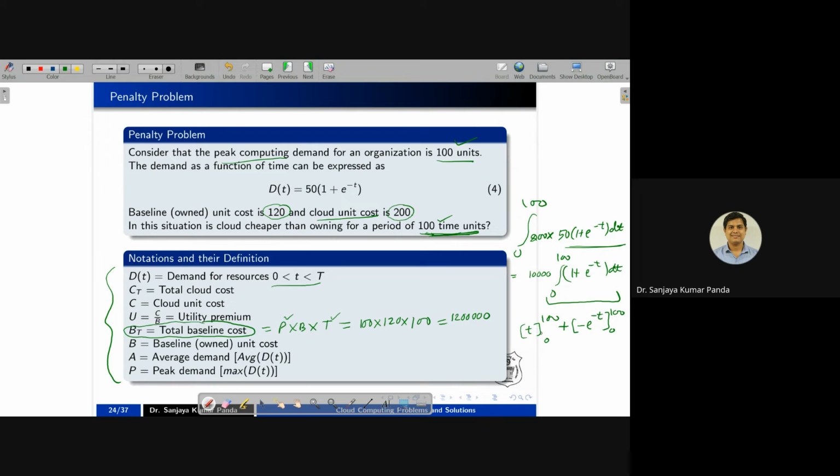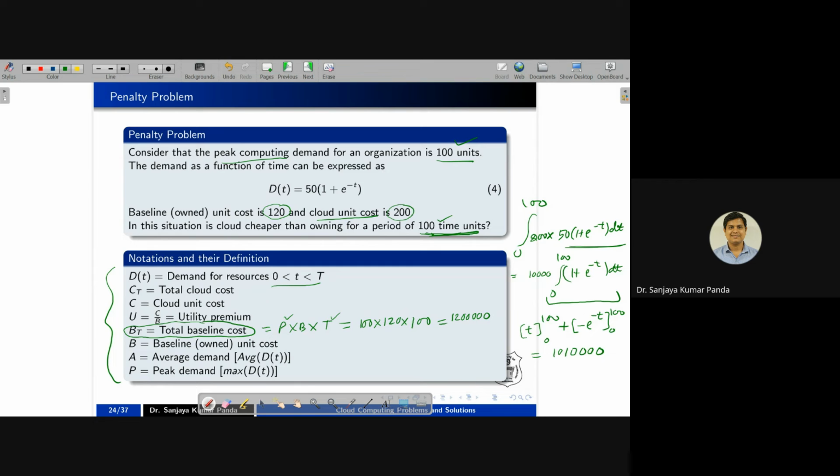You can calculate 100 minus 0, and minus e^(-100) minus of minus e^(0). If you solve this, you will get 1,010,000. I have already calculated this one, so you can cross verify whether it is correct or not. This is the cloud cost.